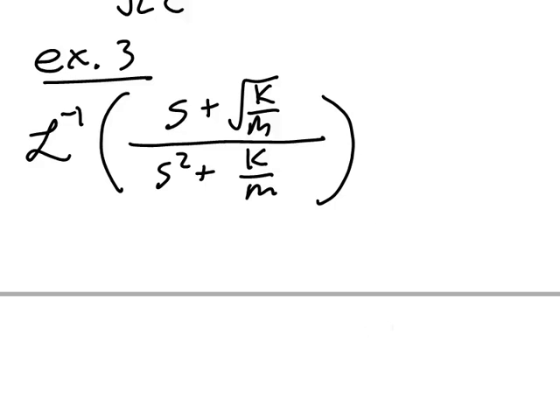So what I'm going to do to solve this problem is I'm first going to break up my problem into two different problems. I'm going to split up the numerator.